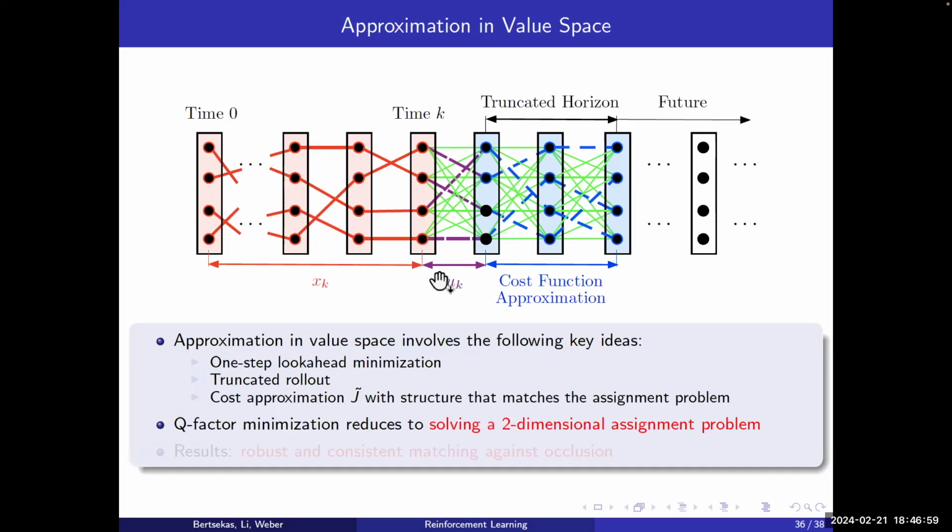And because of this special cost structure, what is nice about it is that when we do selection of UK, the Q factor minimization reduces to solving a two-dimensional assignment problem. Recall that I said a moment ago that we have a truncated horizon and we construct tentative solutions starting from the next frame for the tail portion with certain fixed lengths.